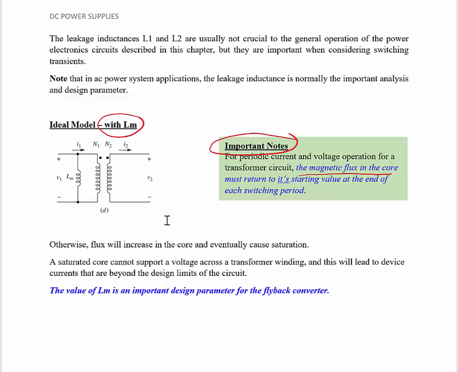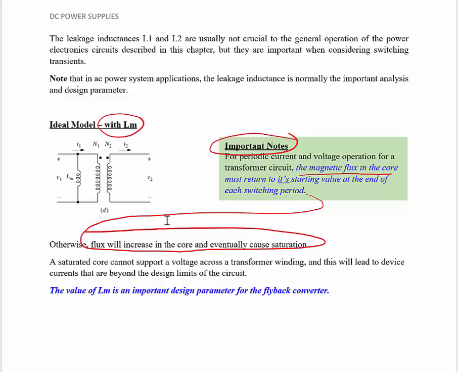So the magnetic flux in the core must return to its starting value at the end of each switching period. Very, very important. If this does not happen, then what's going to happen? The flux is going to increase in the core, and eventually the core is going to go into saturation. The core will be saturated.